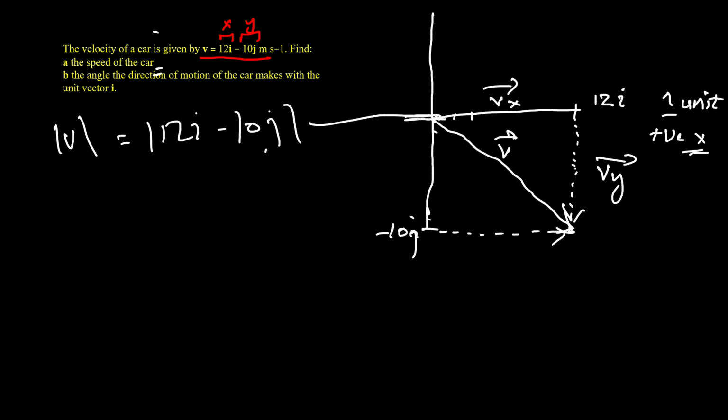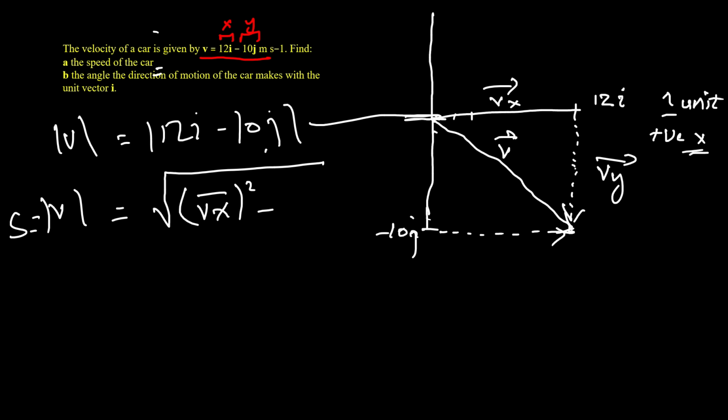This total length can be found by using the Pythagoras theorem, which is very simple. The magnitude of v, which we can call the speed, is given by the square root of vx squared plus vy squared.